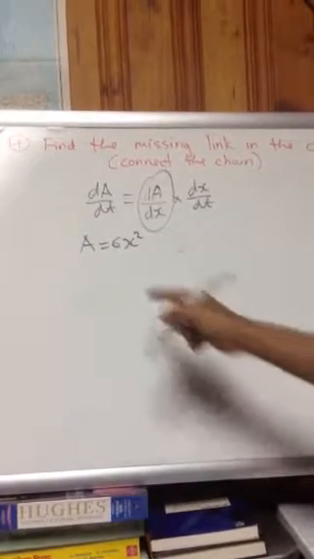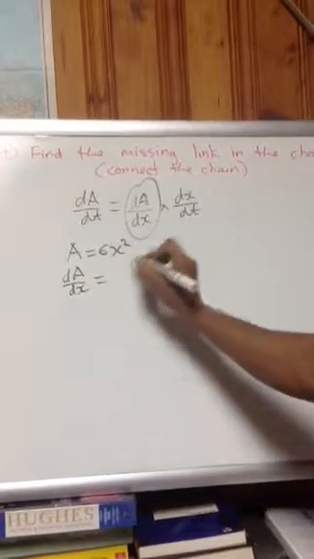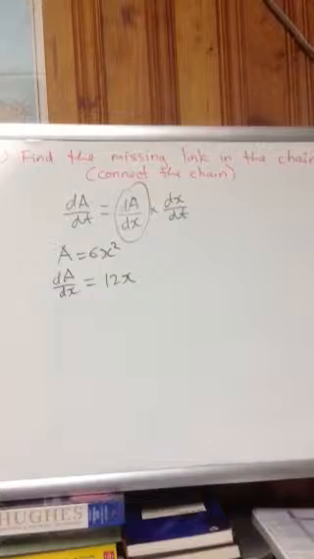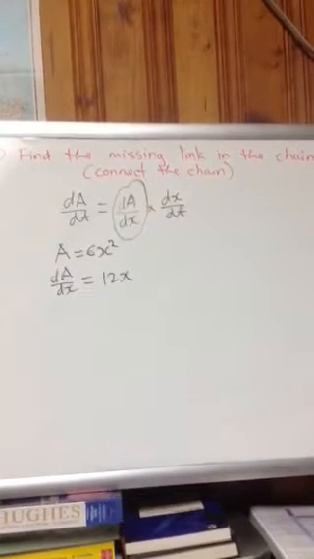Once we differentiate A with respect to x, we will obtain dA/dx, and that's of course equal to 12x. We need to know what x is. How are we going to find x?